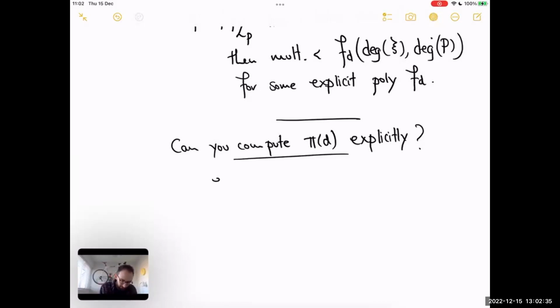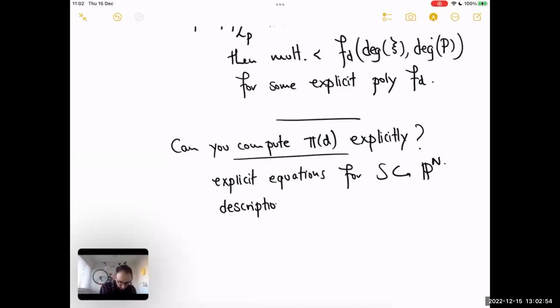So you'd need, for example, explicit equations for the projective embedding of S. Again, you need some explicit description of the canonical foliation or the connection I've written here on some trivializing chart of the standard principal bundle.